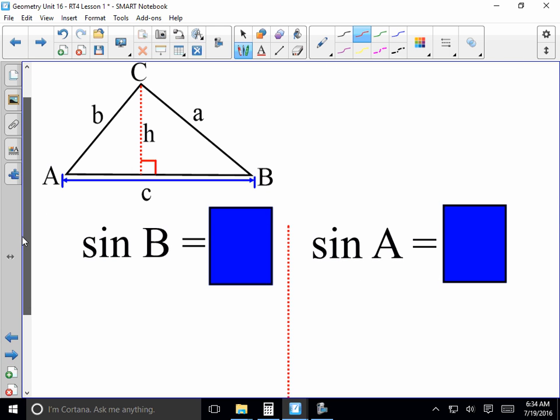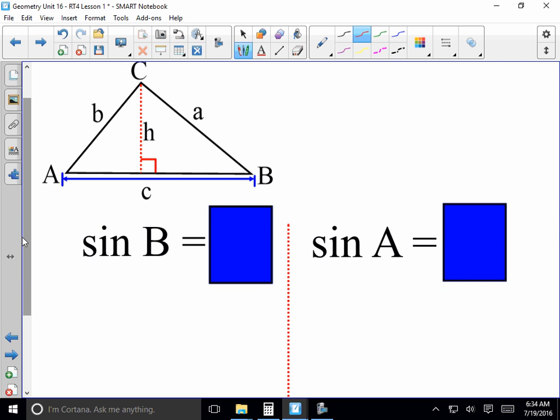So now, a quick situation test here on your right triangle trig. If I want to find the sine of B, notice I can't use the full triangle. I have to use my right triangle to find the sine of B. So the sine of B is opposite over hypotenuse.